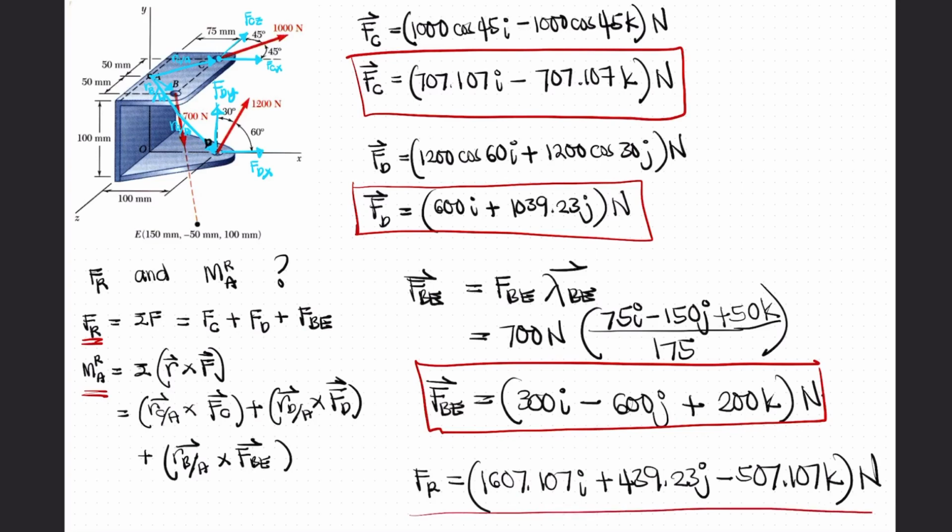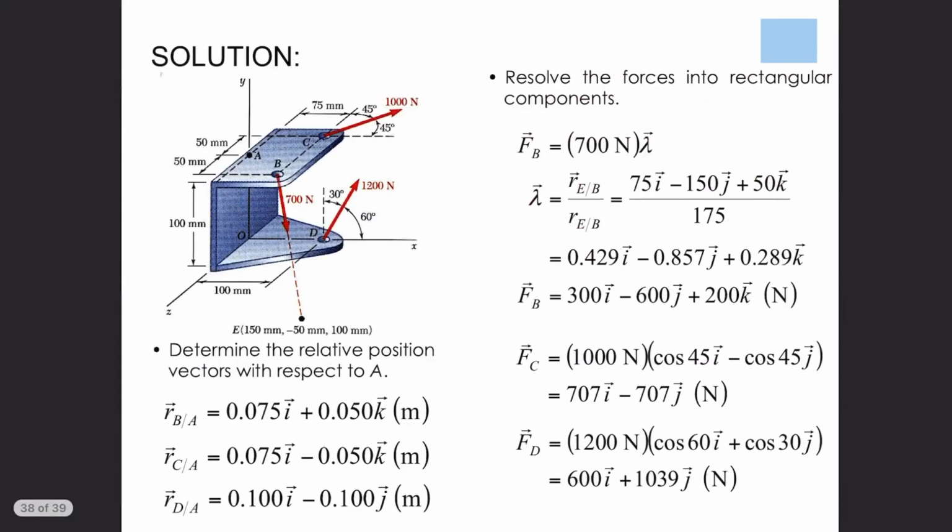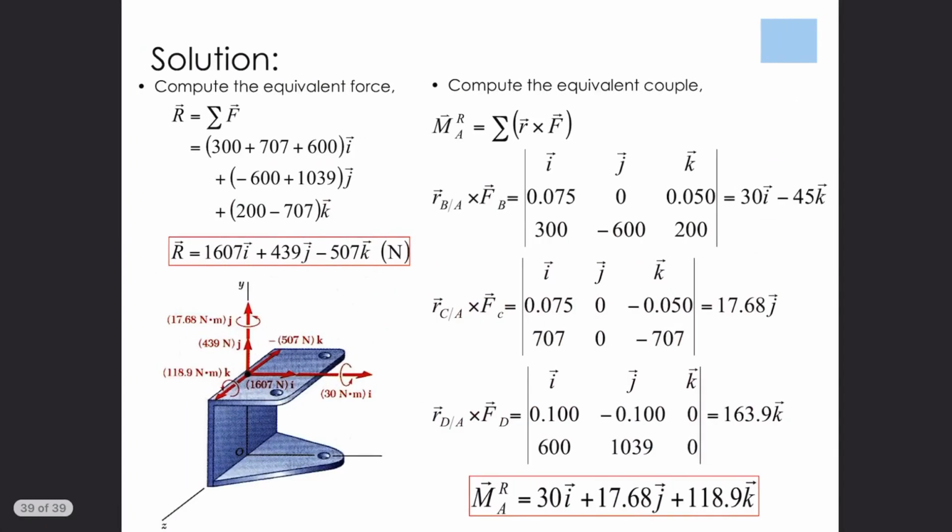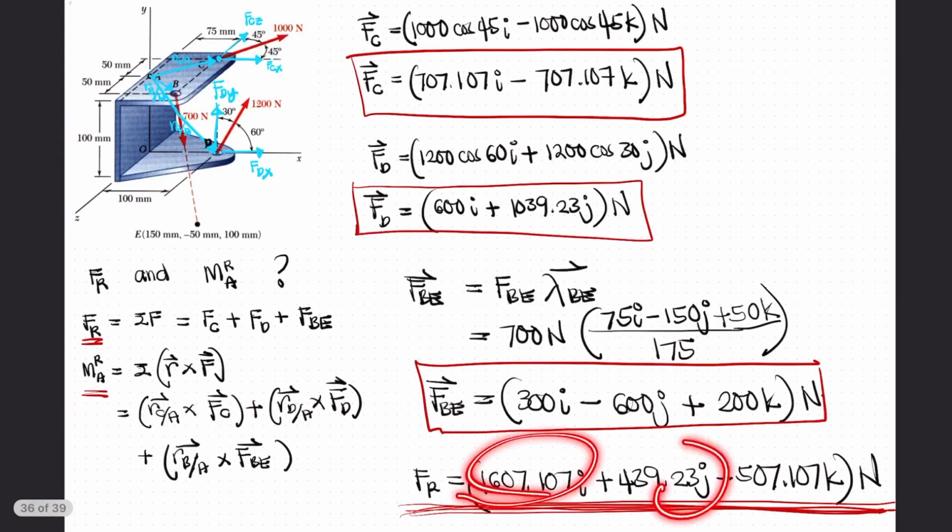So this is the resultant force at point A. Just to check the solution, 1607, 439, and minus 507, so the values we obtained are correct.